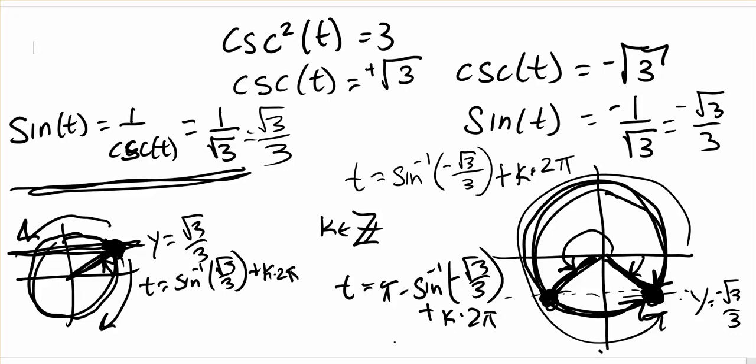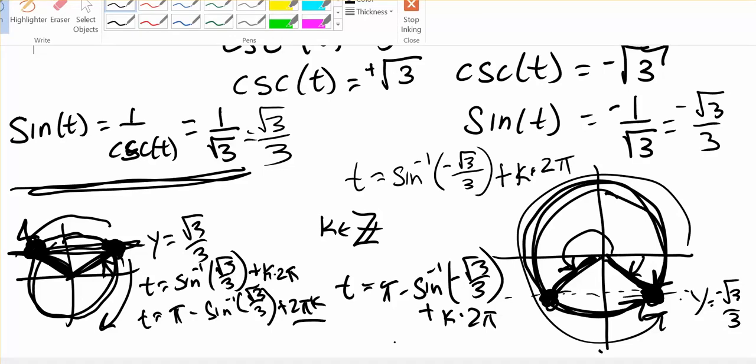So then we get a symmetric solution by taking pi minus the inverse sine of the square root of 3 over 3 plus 2 pi k. So again, all the coterminal angles. So this is the symmetric solution over here. See this angle right here, let's use a red.